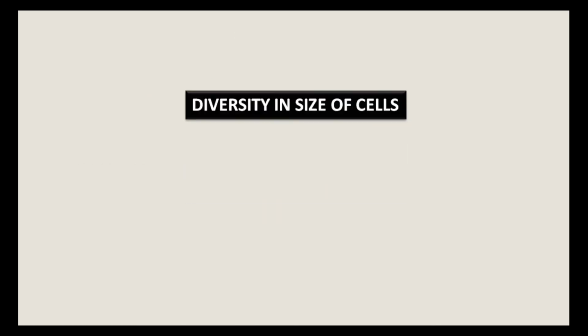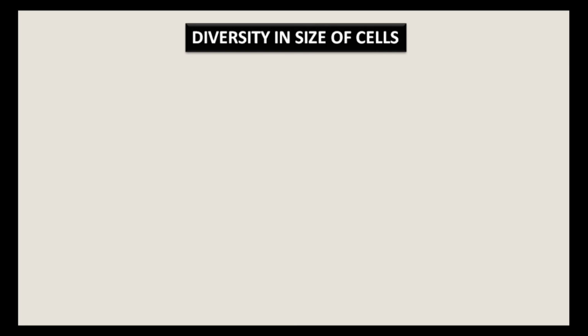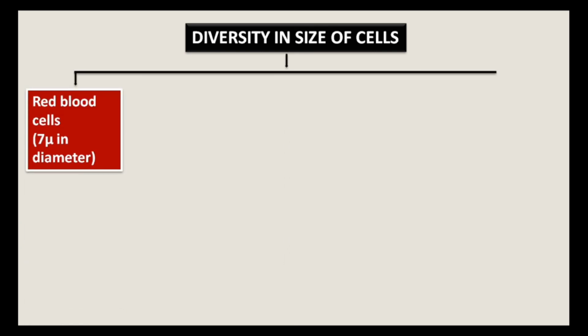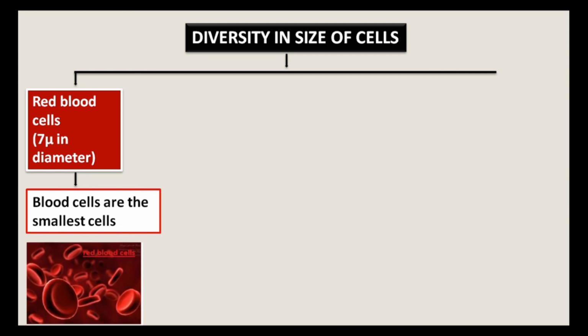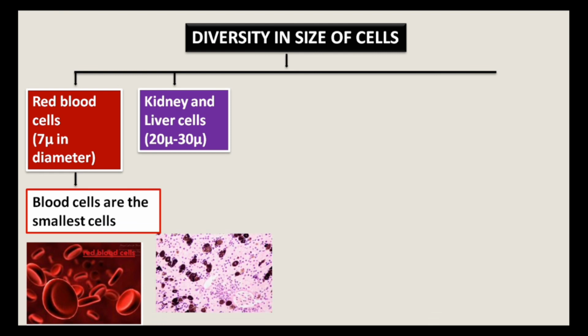Diversity in size of cells. Red blood cells are of 7 mu in diameter. Means red blood cells are the smallest cells. Kidney and liver cells are from 20 mu to 30 mu.